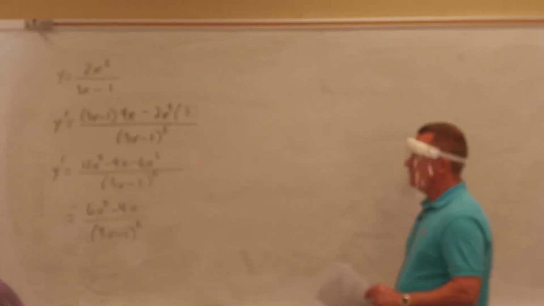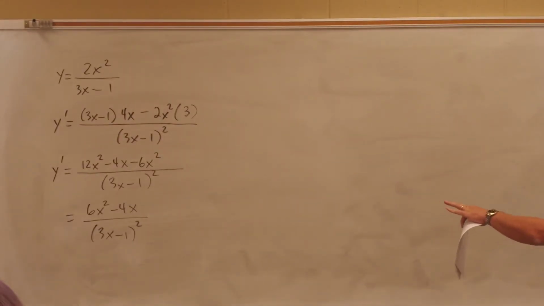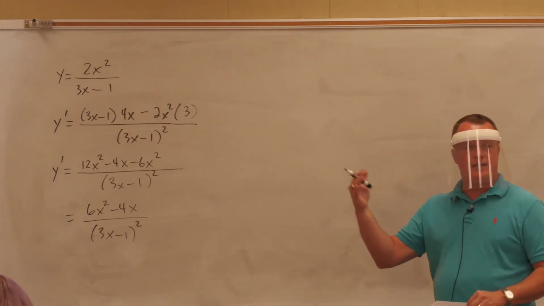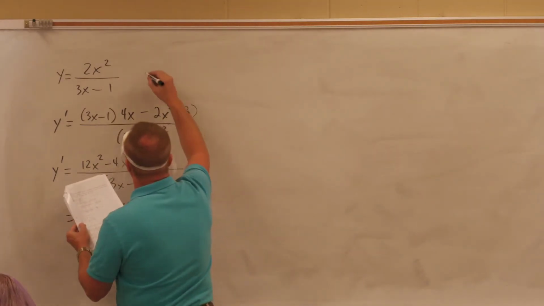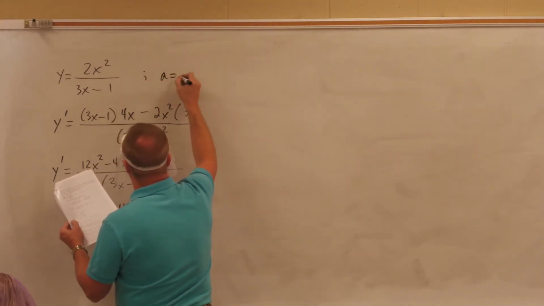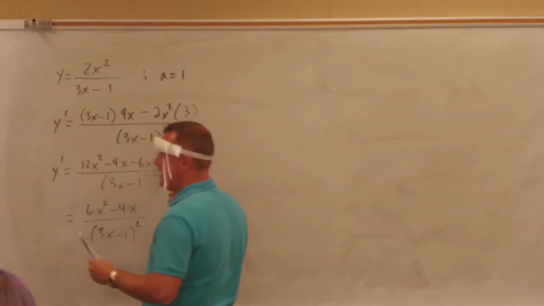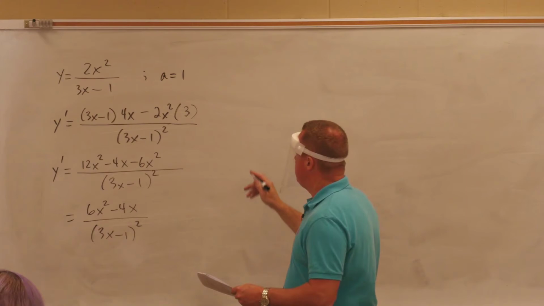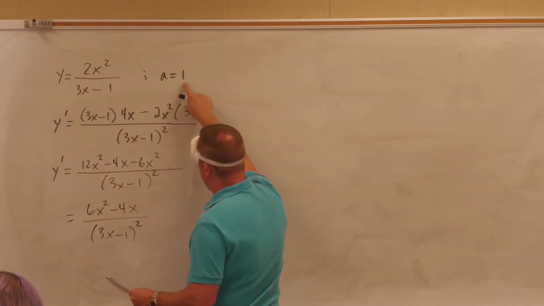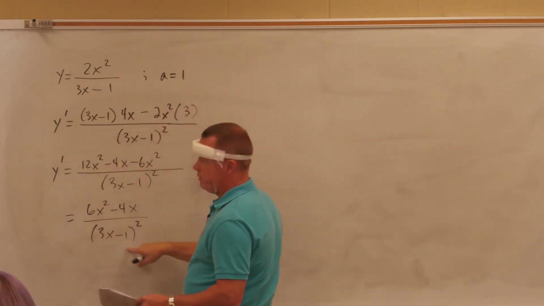All right. So that function is the derivative, and it will generate the slope of the tangent line at any point there on the graph where it's differentiable. So we want to know when a is 1. In other words, when x is 1, what's this tangent line? So I take 1 and plug it into this derivative.